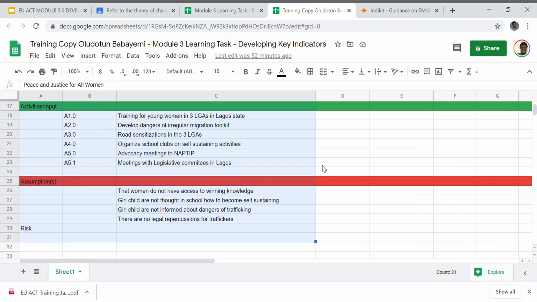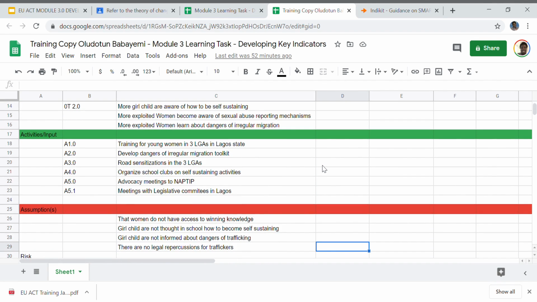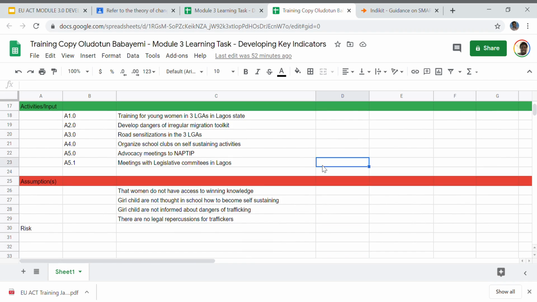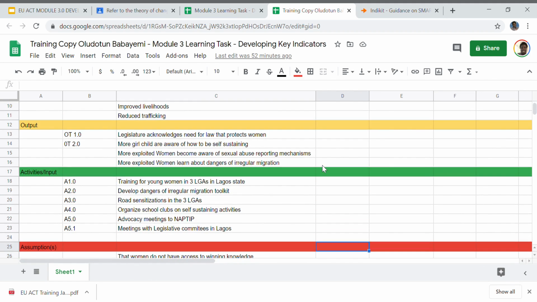So I'll be working on this. I have this just for training purposes, because I focused on improved livelihoods, right? For exploited women, I can think about my indicators from here.